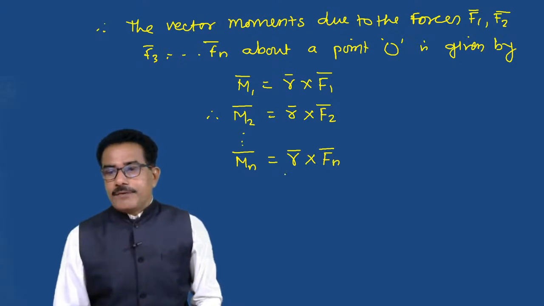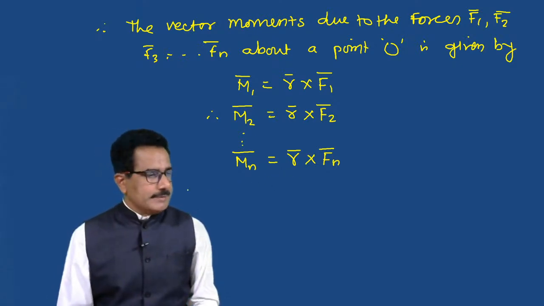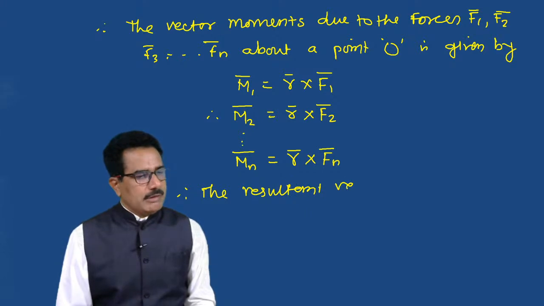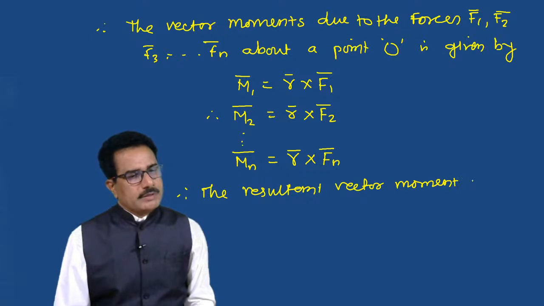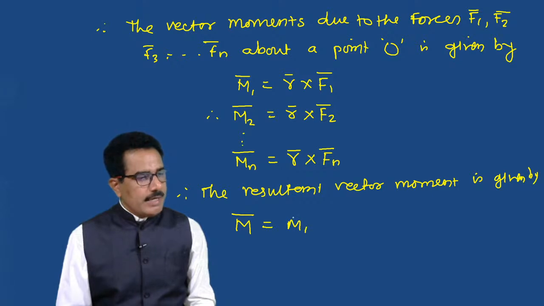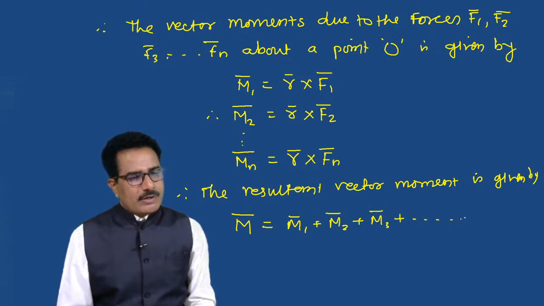Okay, therefore the resultant vector moment is given by, suppose we consider resultant as capital M bar is equal to m1 bar plus m2 bar plus m3 bar plus dot dot dot plus mn bar.